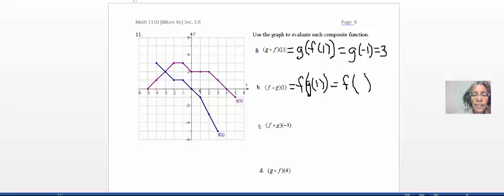When x is 1, g is 2. So this is really f of 2. I'm going to take 2 as an x value and put it into f, and I see the result is negative 3. So f of 2 is negative 3.